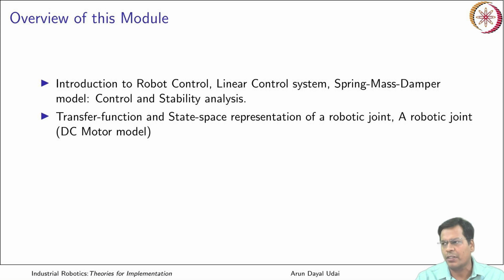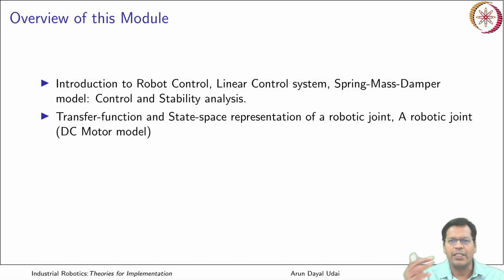A robotic joint basically, with a DC motor model, we will try to apply to any standard robot. Even if it is a synchronous controlled robot, a DC motor model is very well applicable, because even a synchronous motor works in a similar way. There are a few fundamental equations which don't change much even for those motors, particularly tau equals km into Ia.